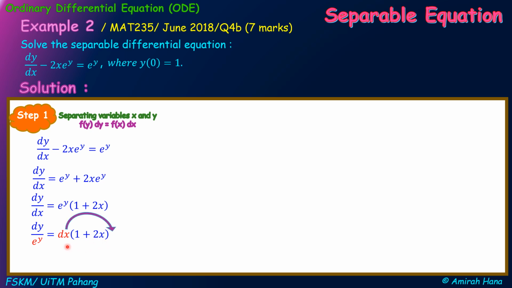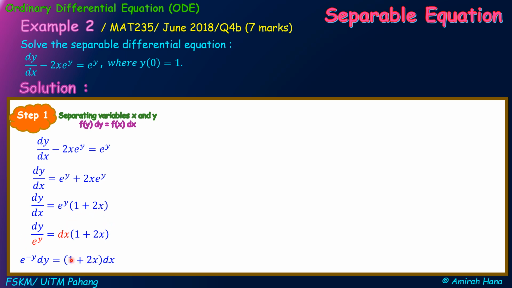Then we move dx to the end, outside the bracket, and we move the denominator e the power of y to the numerator using the properties of indices. So we can write e the power of negative y dy equals 1 plus 2x times dx. Now we have completed separating variables x and y.